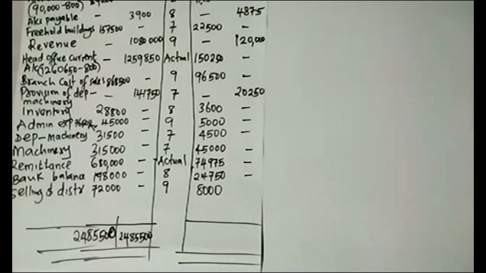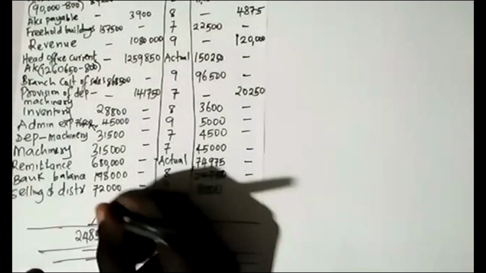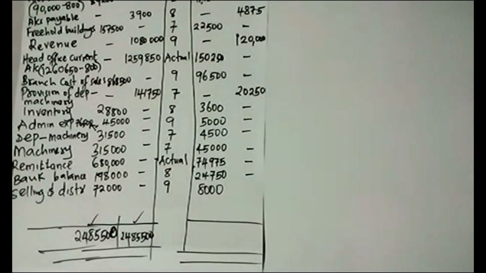So that is fine. It has balanced the debit and the credit after adjusting. Then for the translated trial balance, for the debit side, I'm getting, if I take 11,150, 22,500, 150, 250.